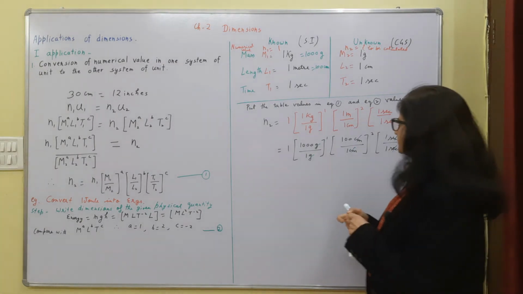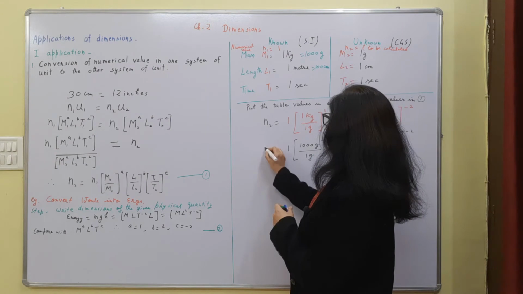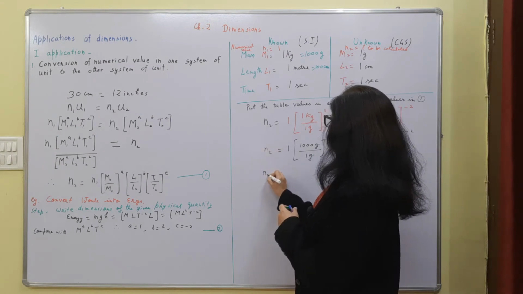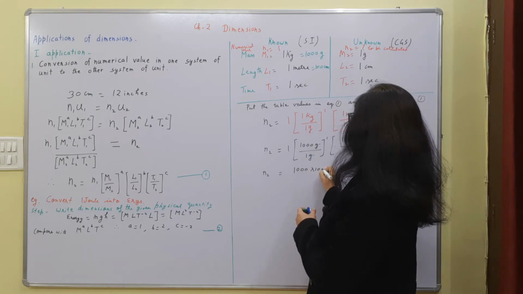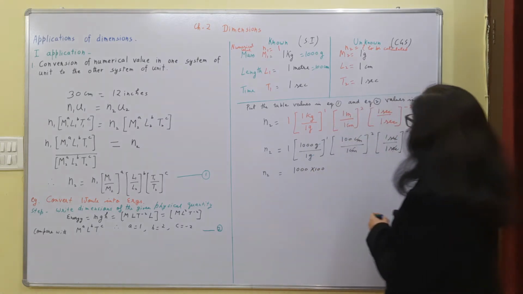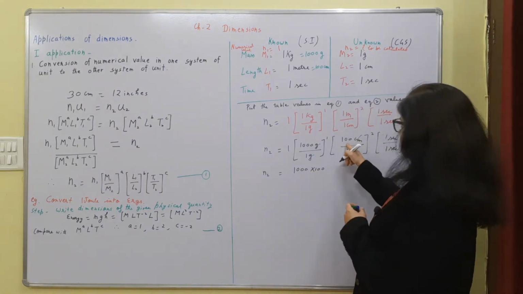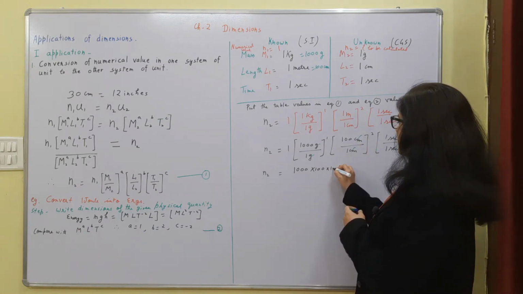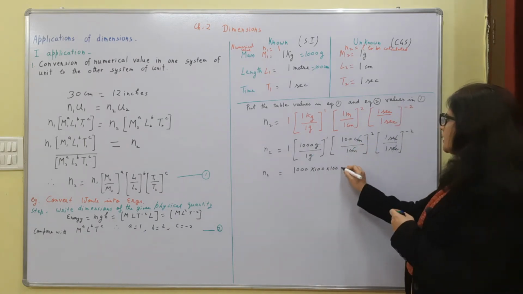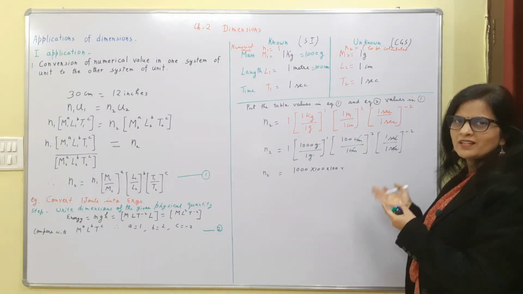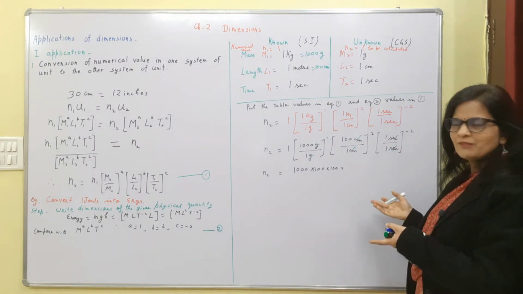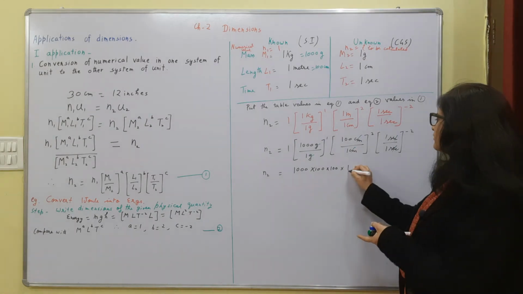What will we get? 1000 into 100 into 100, this is to the power 2, so this will be again 100. 1 to the power minus 2 will be 1 upon 1 to the power 2, that will be 1 only.